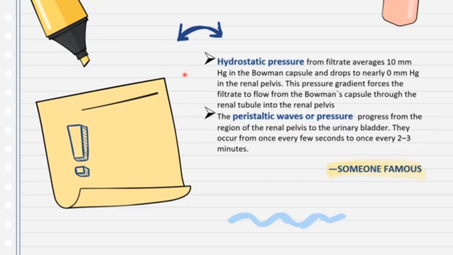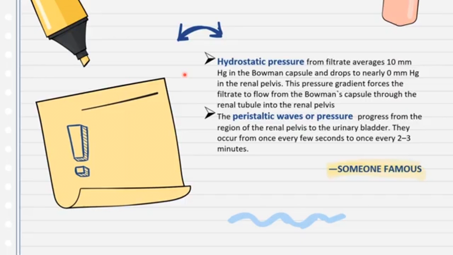Where the ureters penetrate the urinary bladder, they run obliquely through the trigone. Pressure inside the urinary bladder compresses the part of the ureter to prevent urine from backing up into the ureters. So when no urine is present in the urinary bladder, internal pressure is about 0 mm of mercury.